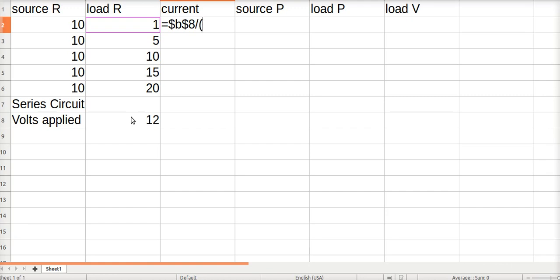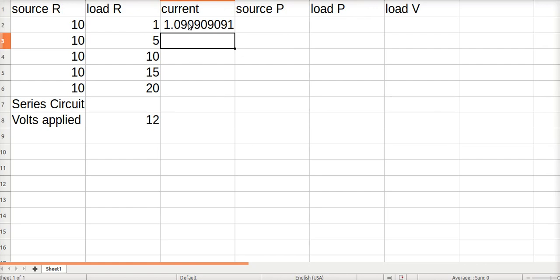And my resistors are in series, so all I do is sum them up. So I'm going to say A2 plus B2. A2 references the 10 ohm resistor. B2 references the 1 ohm resistor. And then I'm going to close that and I'm going to hit enter.